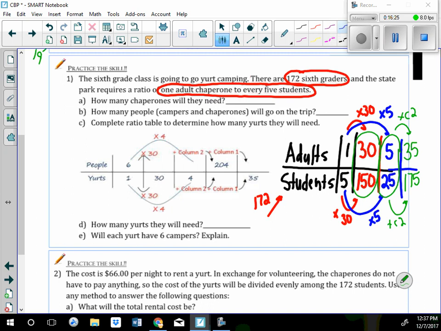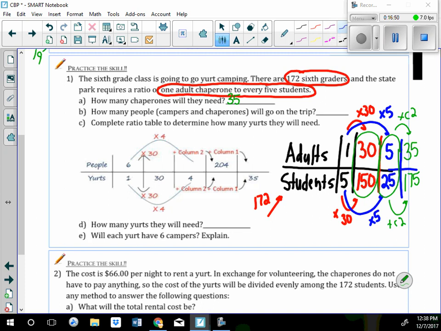But we need that many chaperones because otherwise there would be some kids who are hanging out without a chaperone, which is not good. So based on our ratio table, we need 35 chaperones. Okay, and our next question says, how many people, campers and chaperones, will go on this trip?